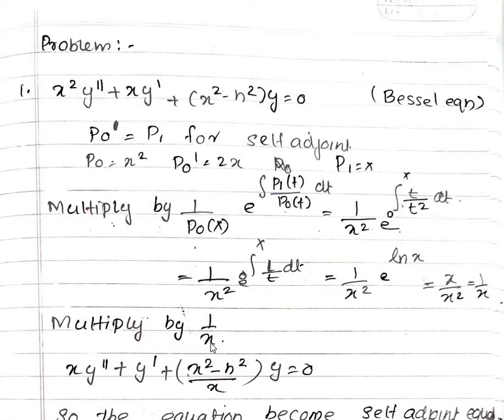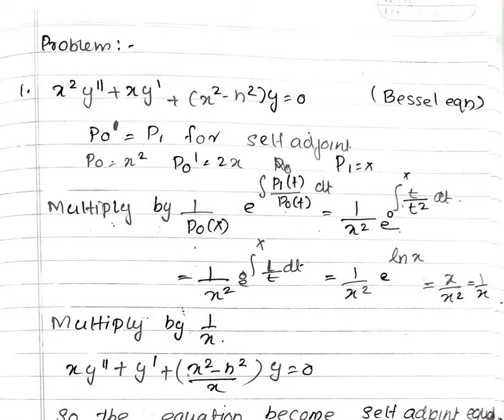Multiplying the whole equation by 1 by x, you will get x y double dash plus y dash plus x square minus n square by x y is equal to 0.